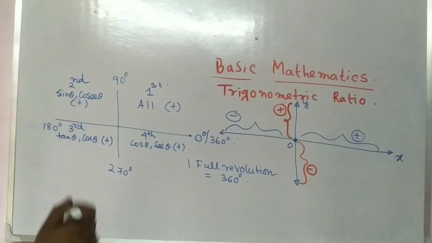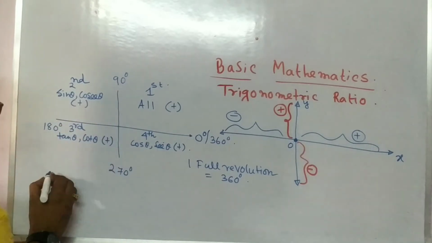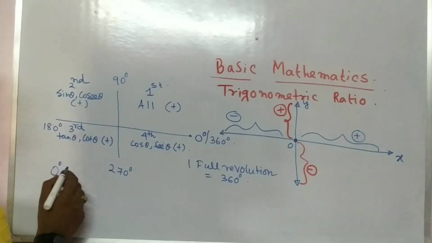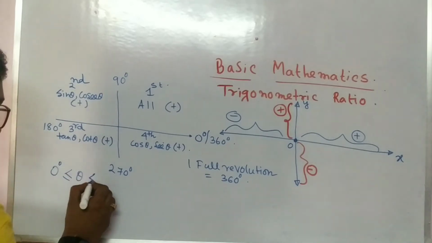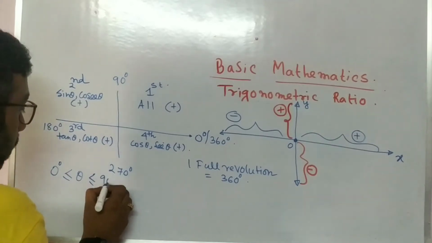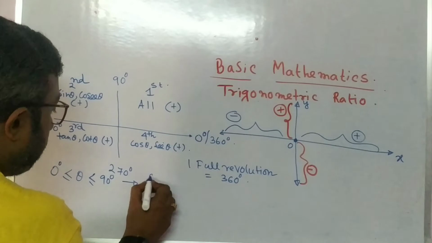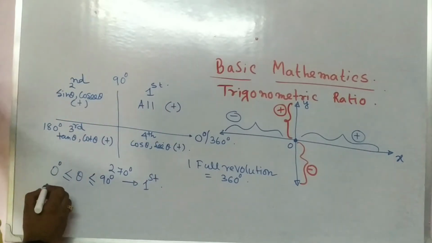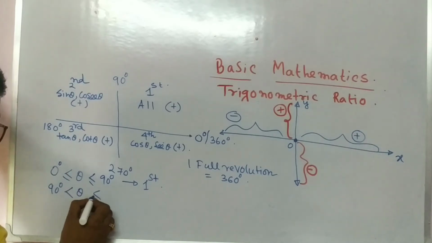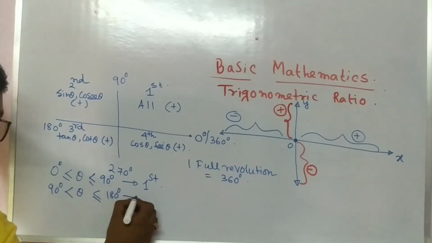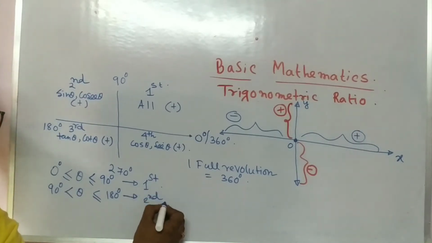Okay? First we need to see, if theta is greater than 0 degree and less than 90 degree, it is called first quadrant. If theta is greater than 90 degree and less than or equal to 180 degree, it is in the second quadrant, right?